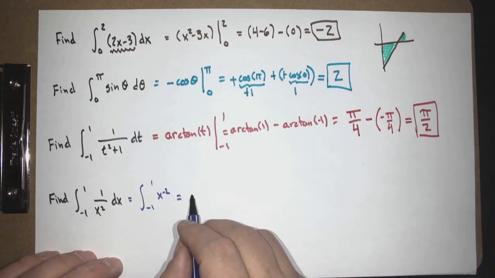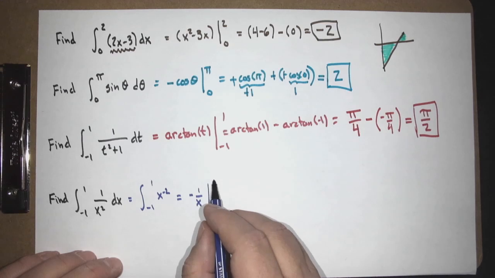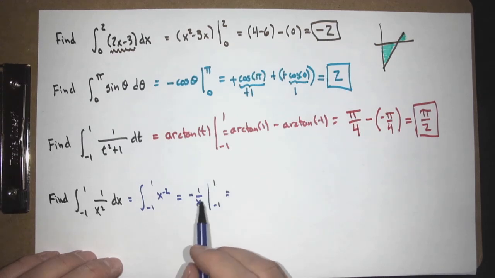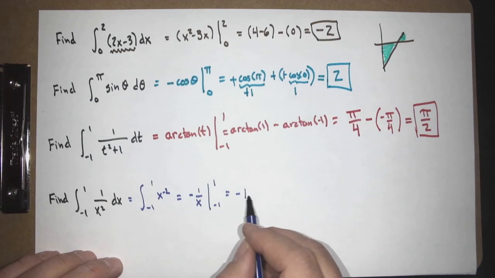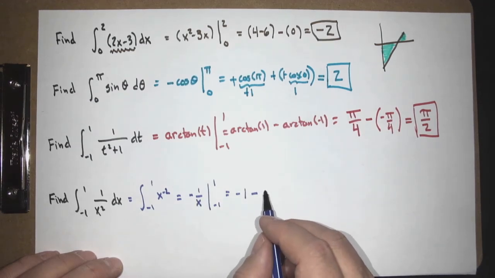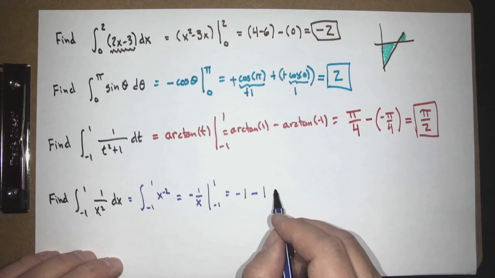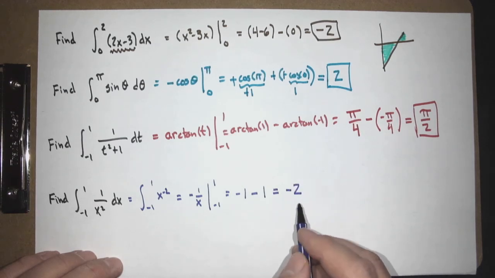X to -1, and you put a negative in front, right? -1 over x. Evaluate from -1 to +1. When you plug in +1, what comes out? Subtract. When you plug in -1, what comes out? So we end up with -2.